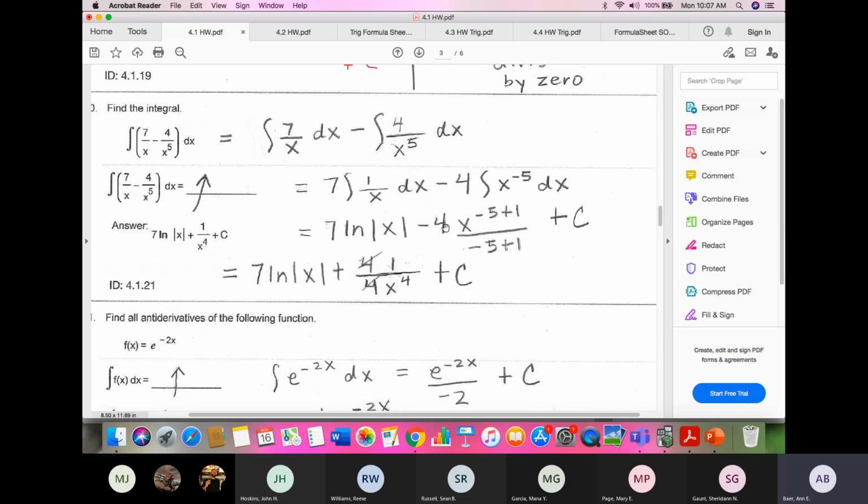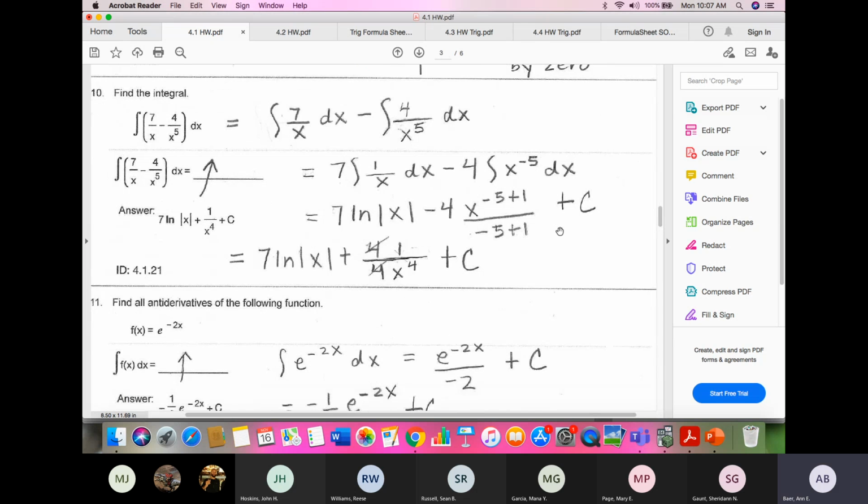That will be negative 4 divided by negative 4, which will give us a positive 1. And then we have a negative 4 in the exponent, so we're going to move that to the denominator and change that to a positive 4. So we get x to the fourth in the denominator plus the constant of integration. So you will have to simplify these expressions.